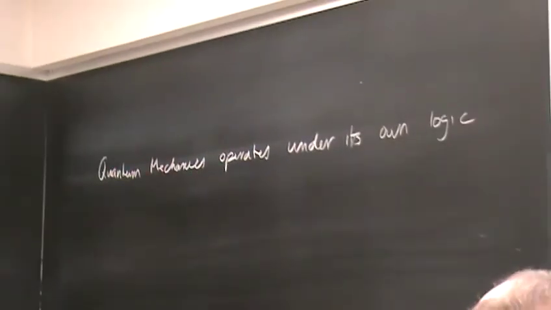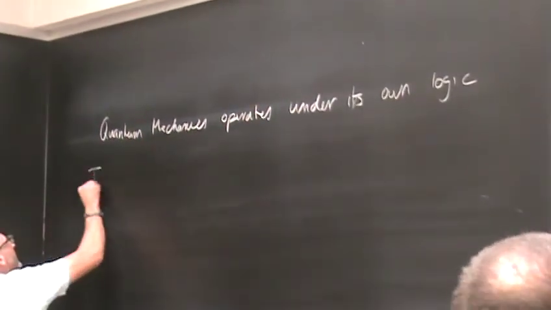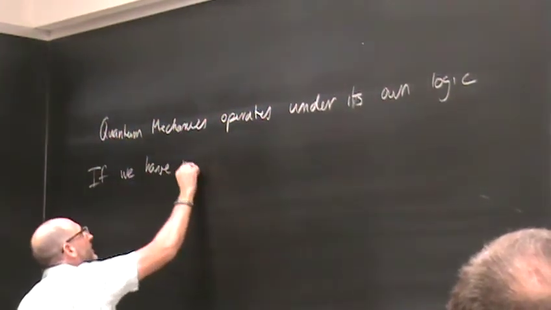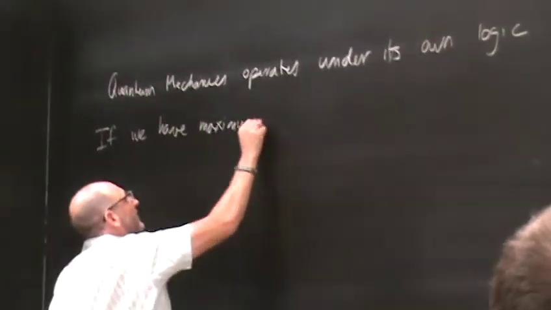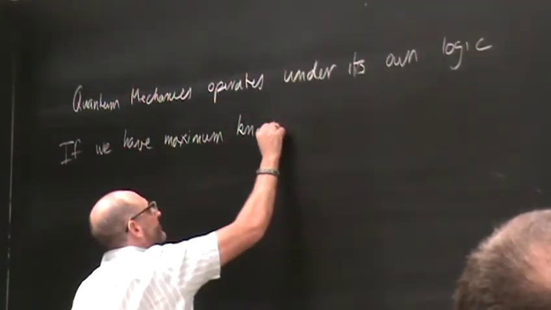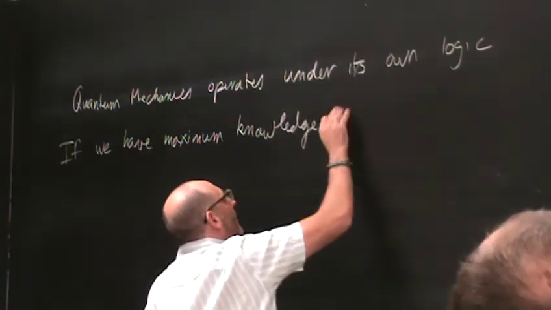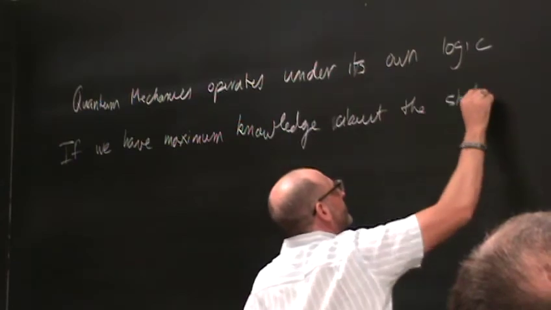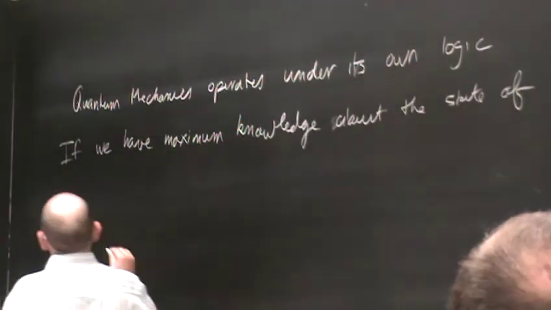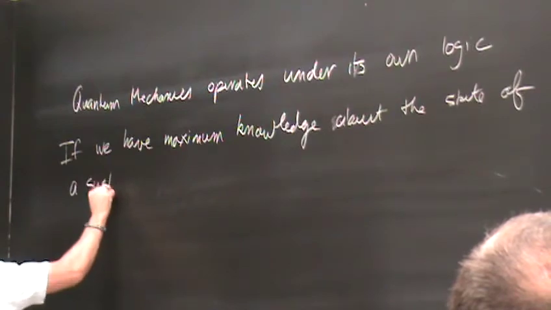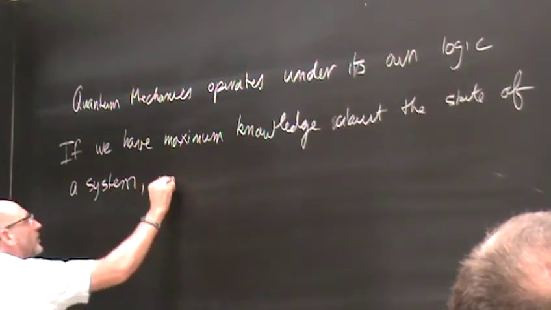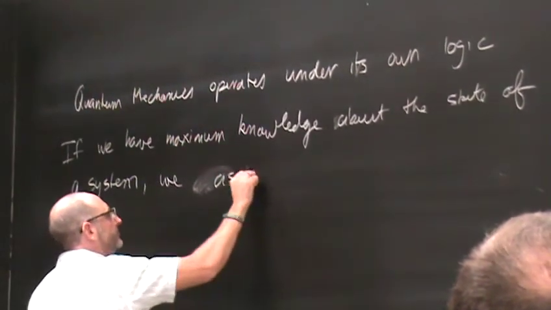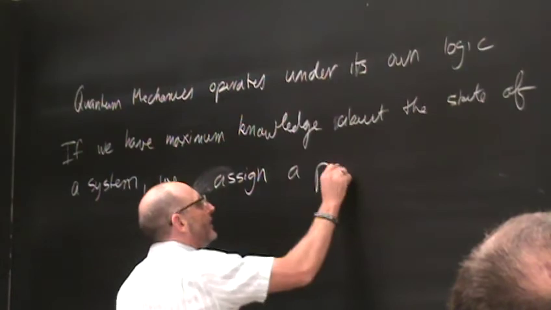And what we have said is that if we have maximum knowledge about the state of a system, like the photon, we assign not a probability, but a probability amplitude.